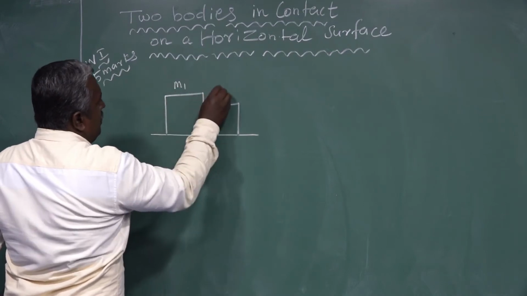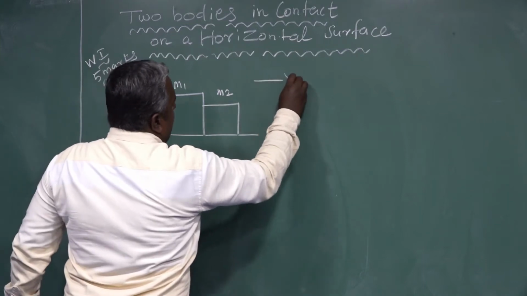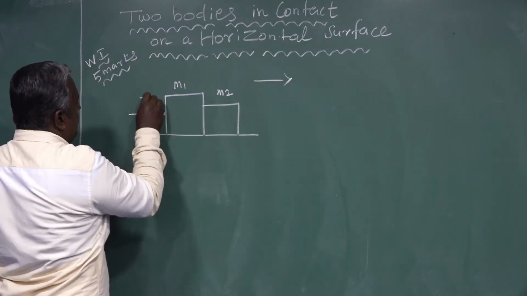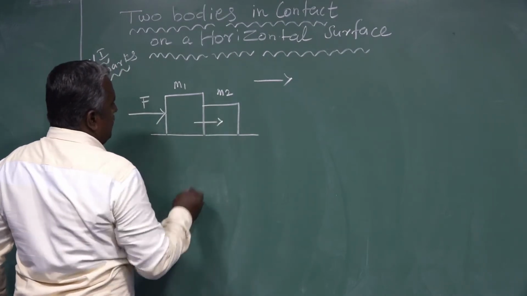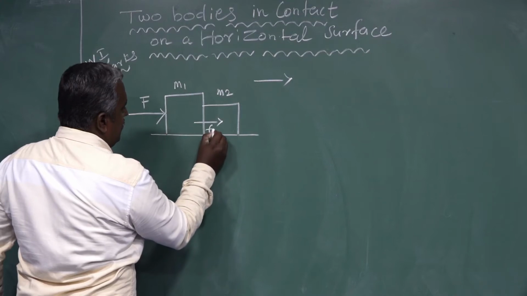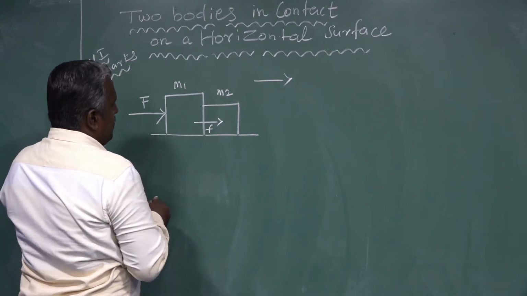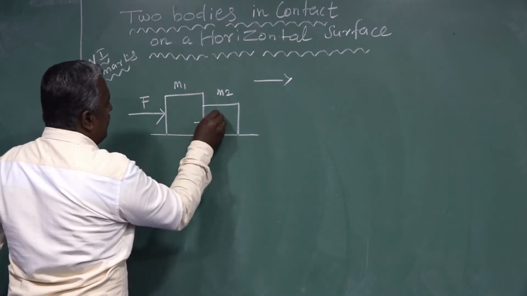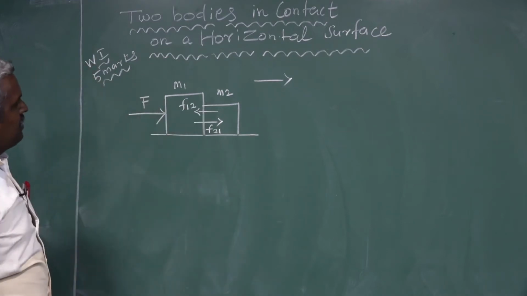This is M1. This is M2. Capital F. Okay. Listen.